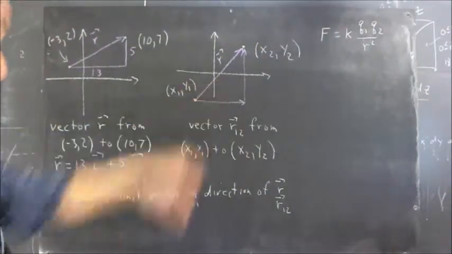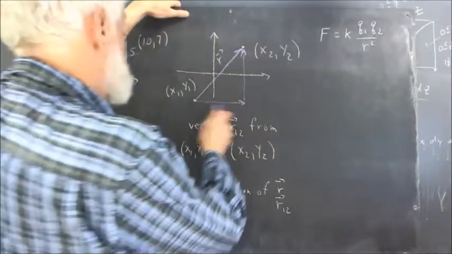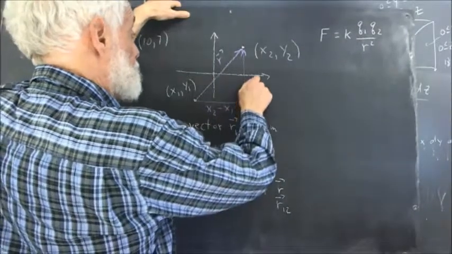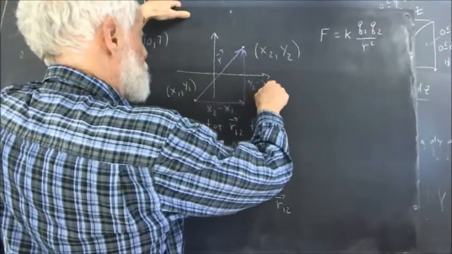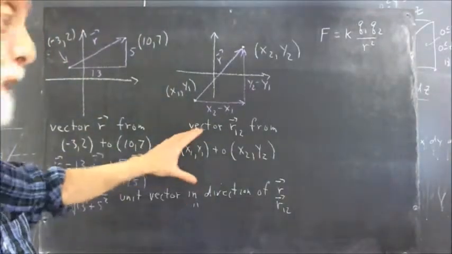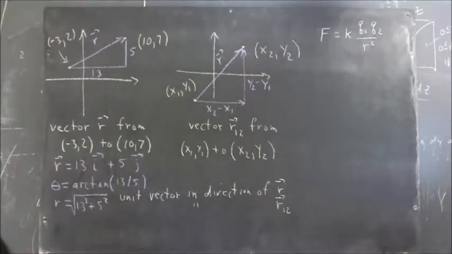If you haven't done that, go ahead. But I'm going to go ahead now, and it's very clear that this leg is x2 minus x1, and this one is y2 minus y1. So for the vector r12, pause if you haven't already written out the vector. You should look back here and think about what I said.